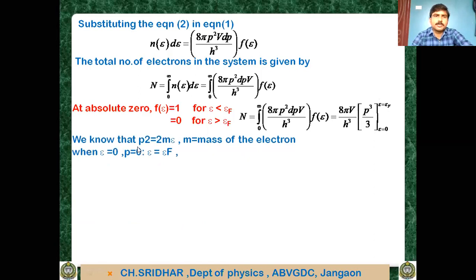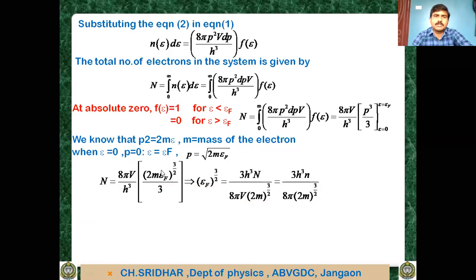We know that p squared is equal to 2mE, where m is the mass of the electron, and when E is equal to 0, p is equal to 0, and when E is equal to EF, p is equal to the square root of 2mEF. So we can substitute root 2mEF in place of p.